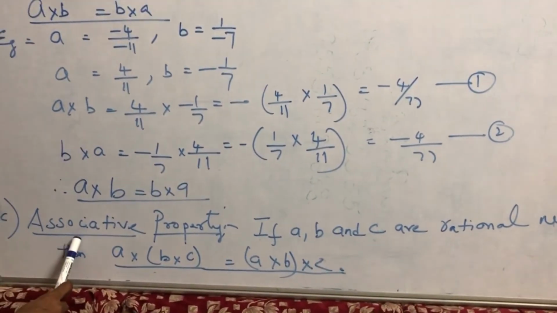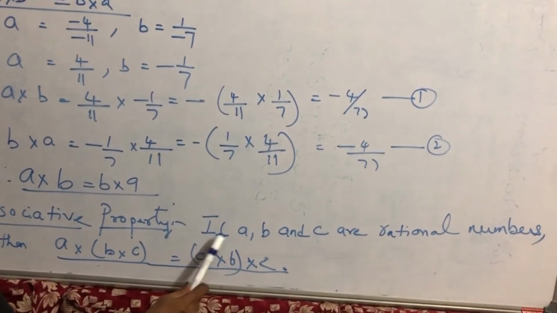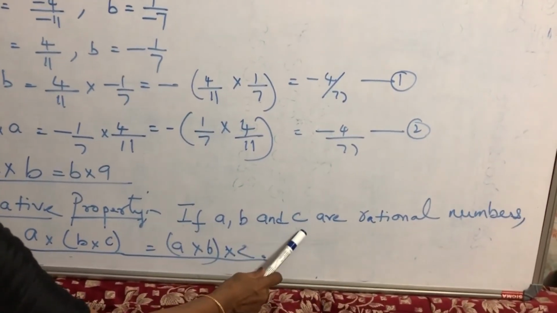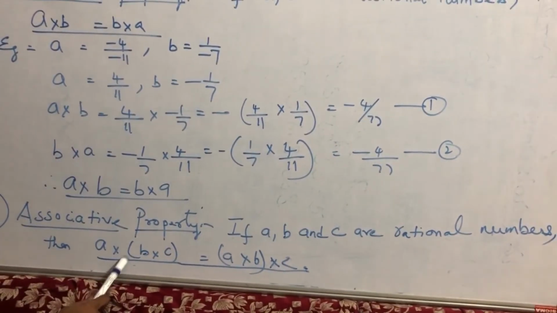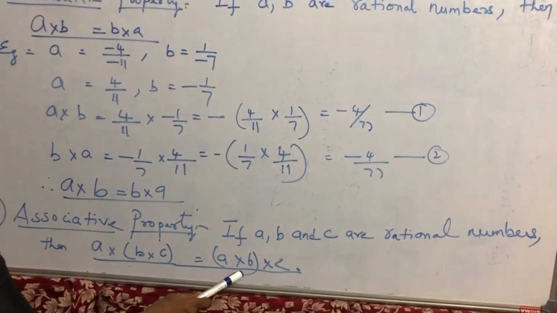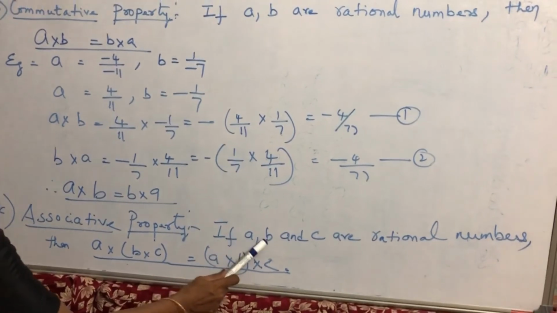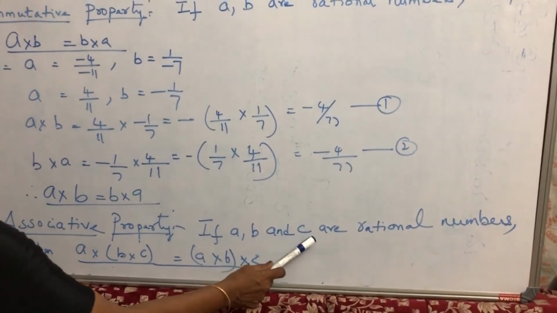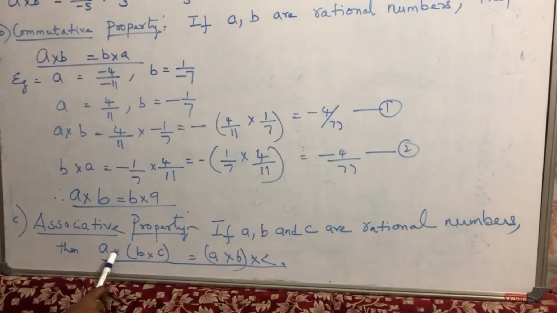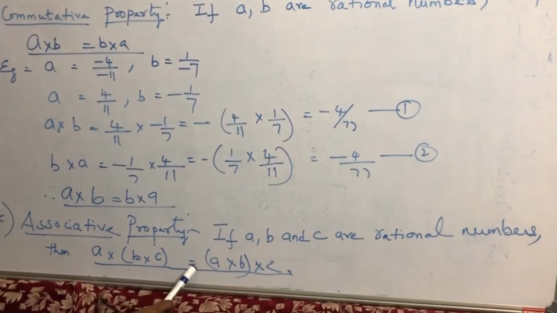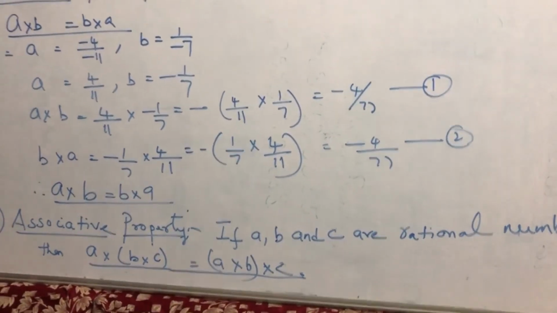The third law for you is the associative property of multiplication. If A, B and C are rational numbers, then (A into B) into C is equal to A into (B into C). I repeat, if A, B and C are rational numbers, then (A into B) into C is equal to A into (B into C).